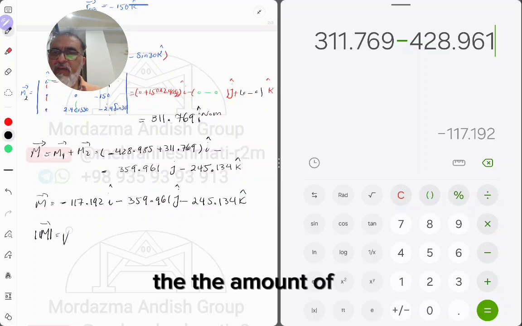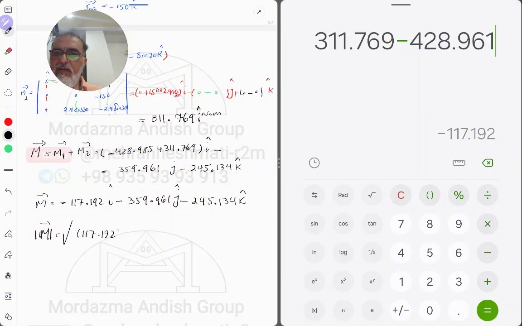So the amount of M is the square root of 117.192 squared plus 359.961 squared plus 245.134 squared.